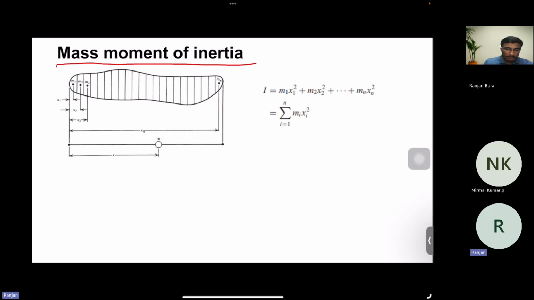Like you can see, there is an object of mass m.